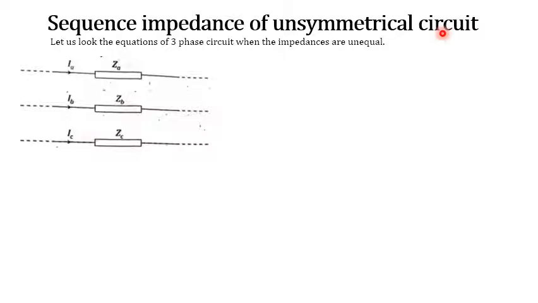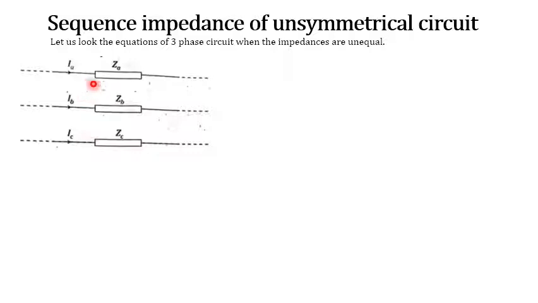Let us understand whether we can apply these sequence impedances to an unsymmetrical circuit. So let us look at the equations for the three-phase circuit when the impedances are unequal. Because of this, the system is said to be unsymmetrical.